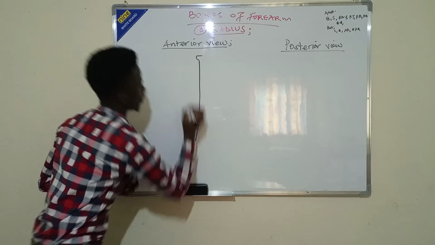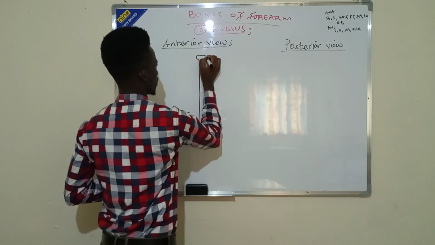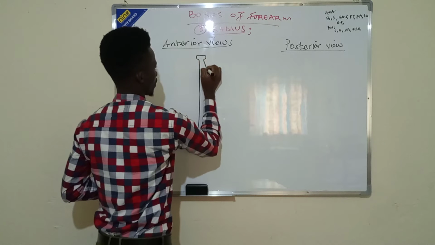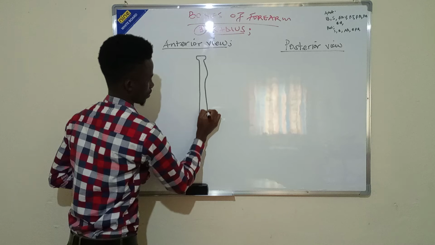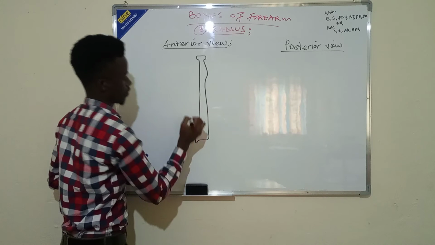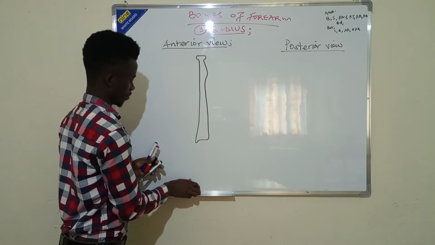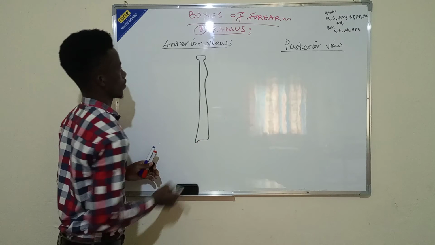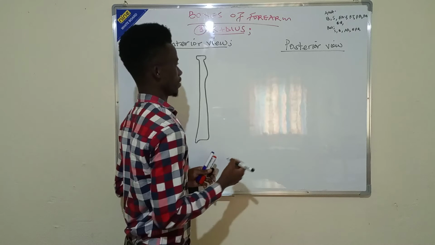It widens downwards, and then we have a tuberosity there, then it goes on widening downwards. So that is the anterior aspect. We shall do the two aspects at once.